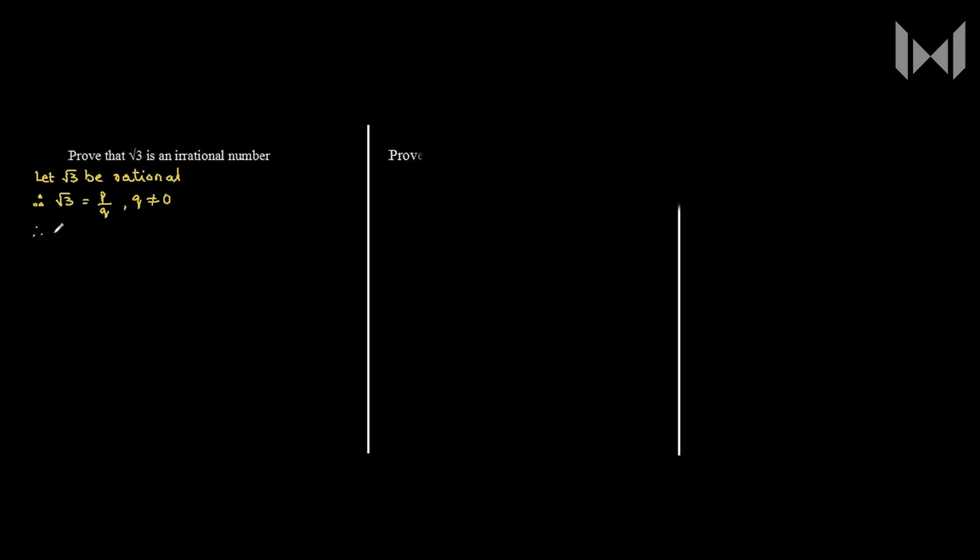So we have root 3 times q is equal to p, and then we square both sides. So squaring, we get 3q square is equal to p square and therefore p square is a multiple of 3. And therefore p is a multiple of 3.